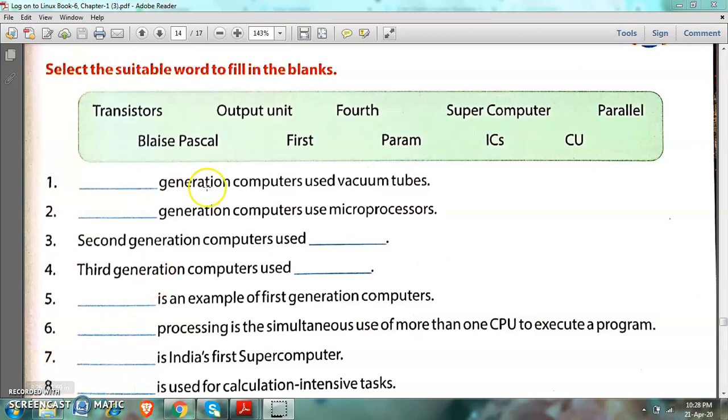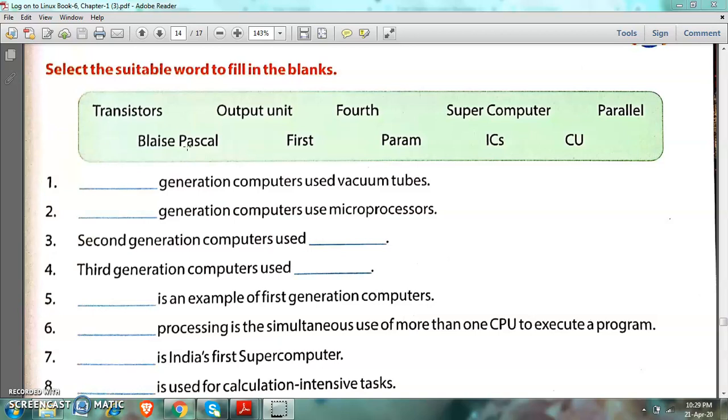Blaise Pascal. You will cut it and you will write here ENIAC, right? ENIAC. Okay. So after this correction, we will start the first part of the question of that fill in the blanks. So first of all, I'm reading all the options given in the help box.